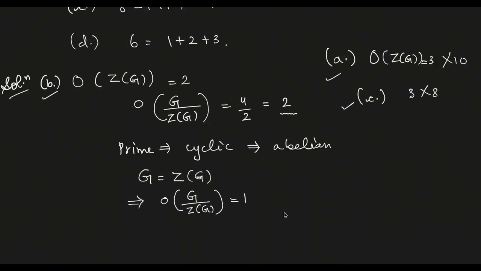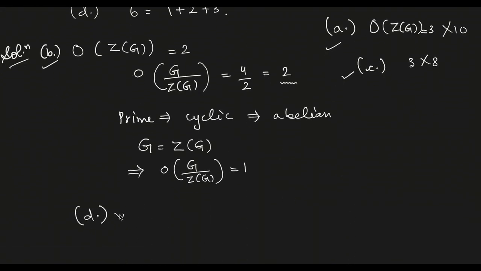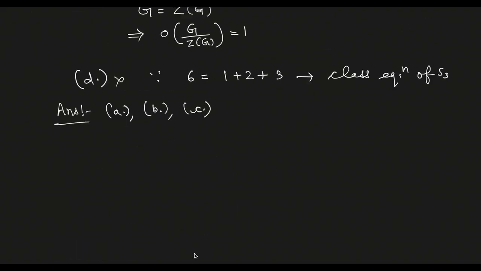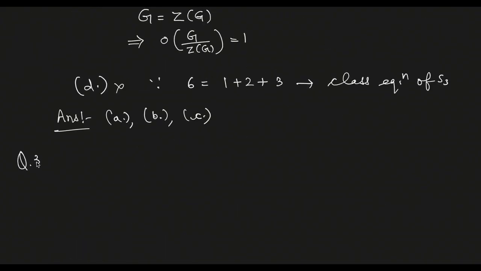Yes, D is wrong because this is the class equation of S3. So the answer is option A, B, C. C is also not true, no? C is also not true.